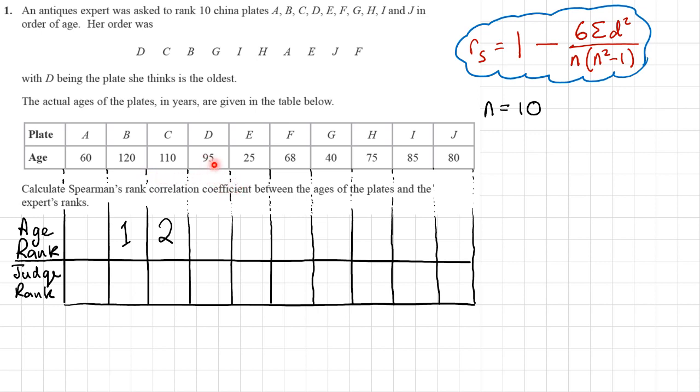It looks like this one here, D, is 3. What I'll do, I'll cross them out as I do them, so I don't end up doing them twice. So I've done those 3.